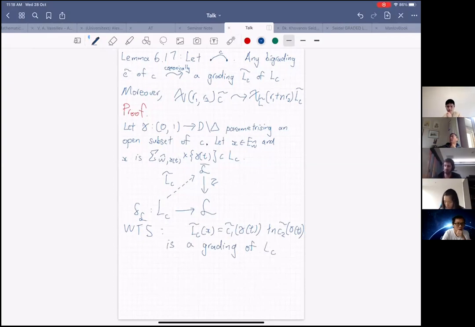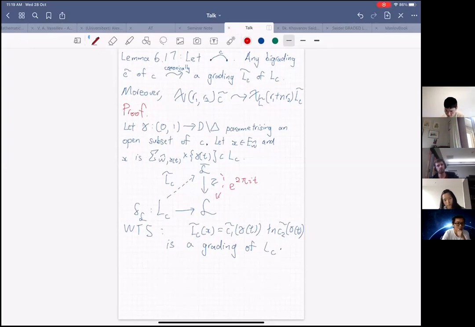So in the explicit construction just now, this map is taken to be e to the 2 pi i t.